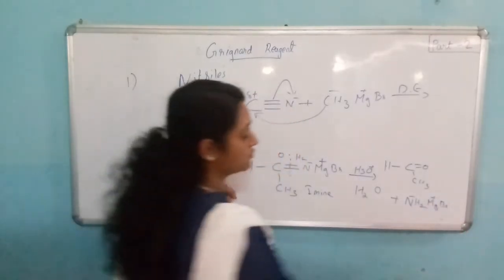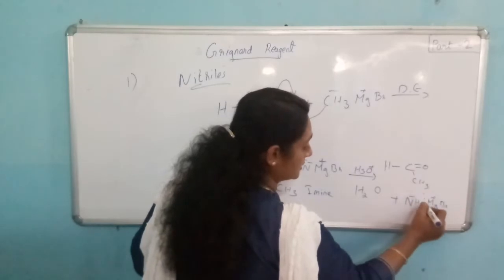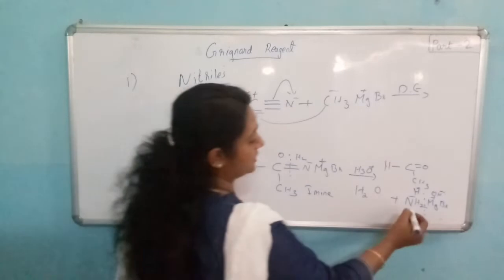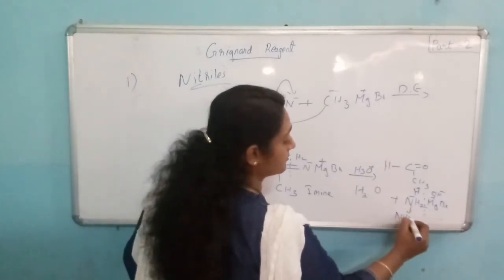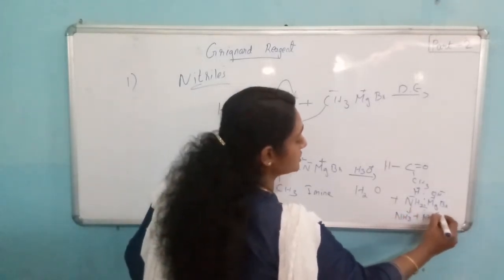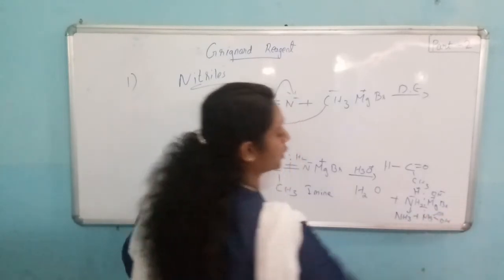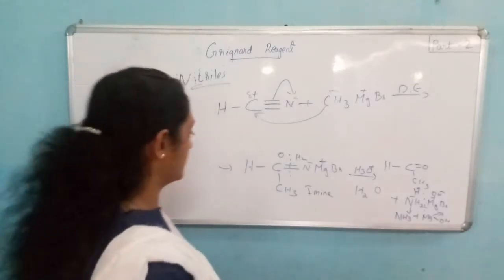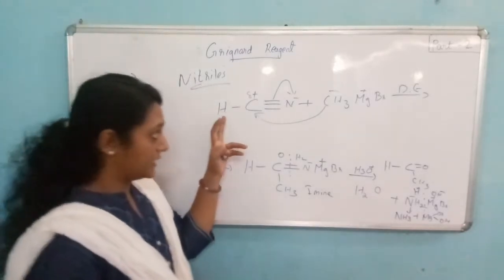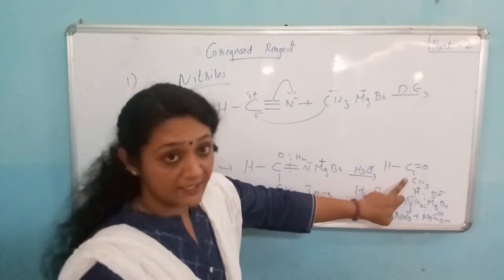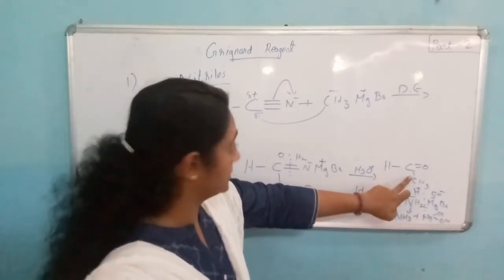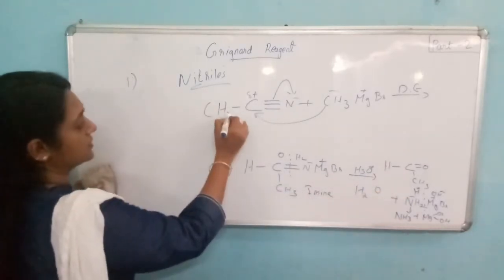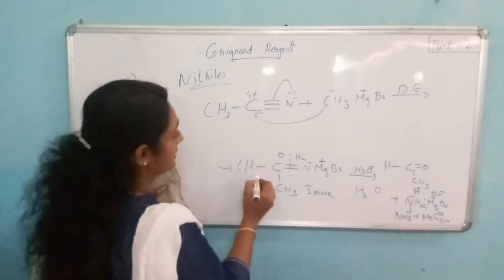On further addition of water, H plus is added here and OH minus is added here, and finally we get NH3 plus, MgBr and OH. Okay, ammonia is formed as a byproduct. Thus, from hydrogen cyanide we get an aldehyde.